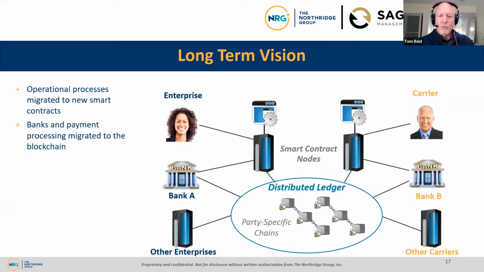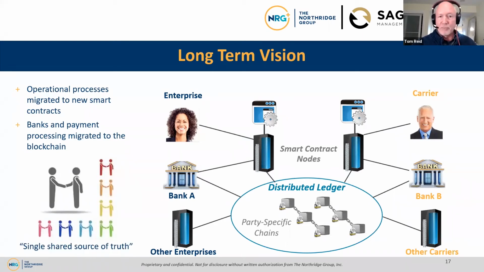If you work with a carrier and you create a distributed ledger, there may be other carriers participating in that same distributed ledger, but your interactions with that particular carrier are in your own private chains. No one else can get to those. Those are party-specific chains. So if there's 3 parties to that, yeah, all 3 parties can see it, but nobody else can see it. So this is a really important aspect of making this enterprise capable, that you can add all these other parties to your distributed ledger, and you still maintain all of that privacy of the business transactions themselves.